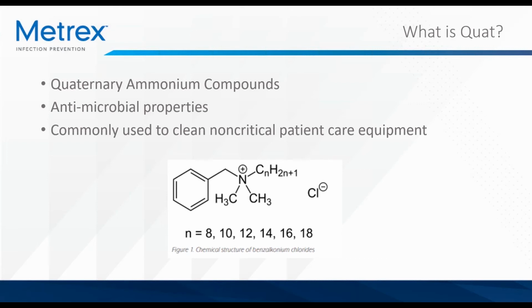Lastly, before we leave this quat schematic, notice that the number of carbons denoted by the capital letter C can vary in length for the chain on the right side that has a C with a subscript lowercase n. The different types of quat used in chemistry is differentiated by the length of that side chain, or the number of carbons in that side chain.